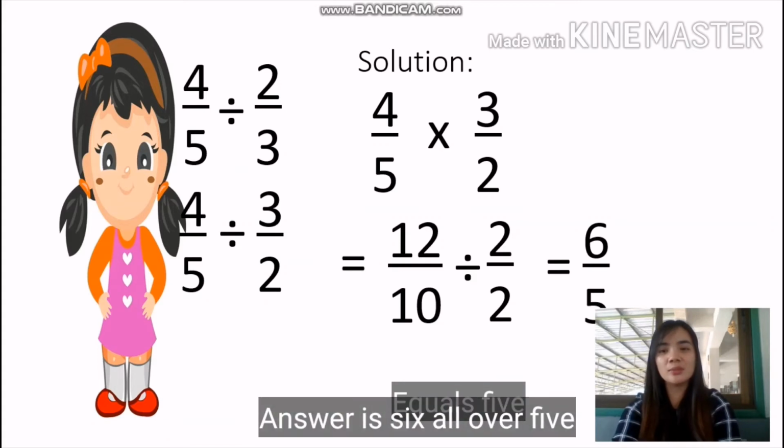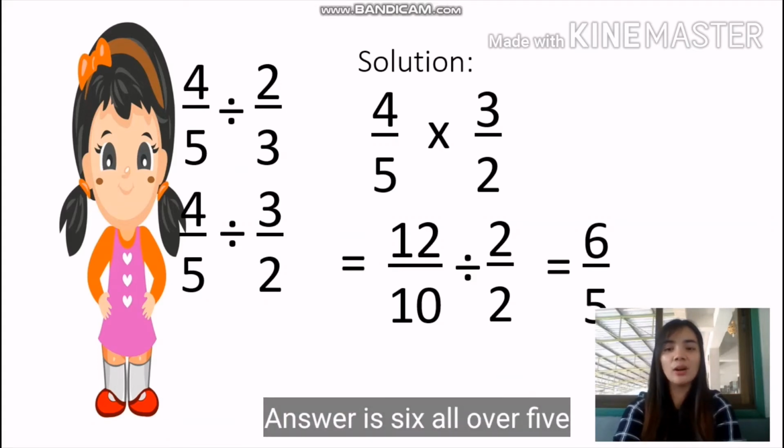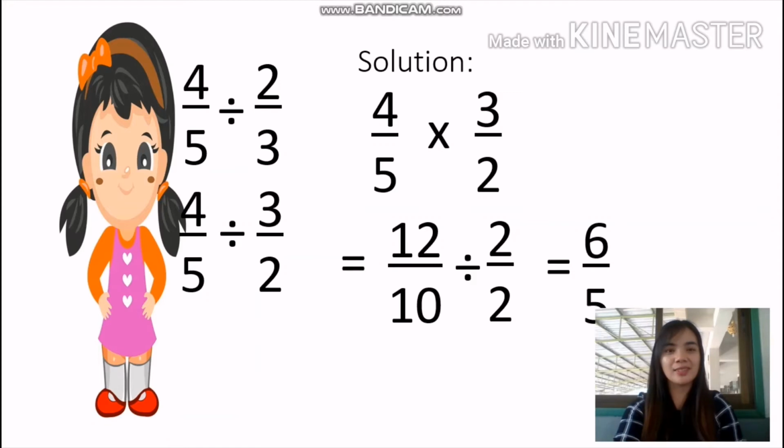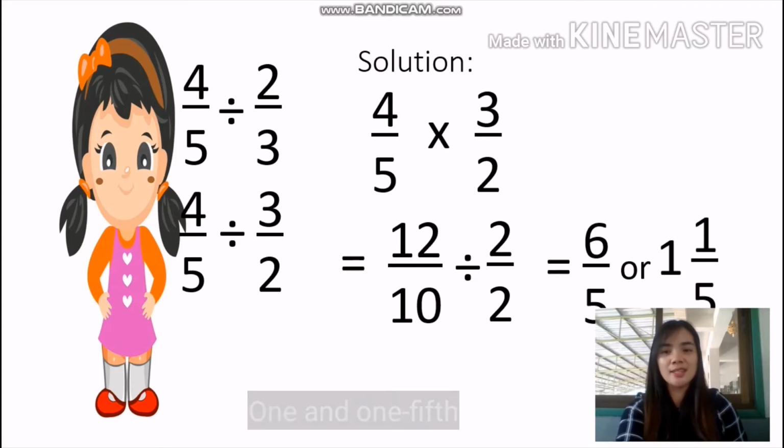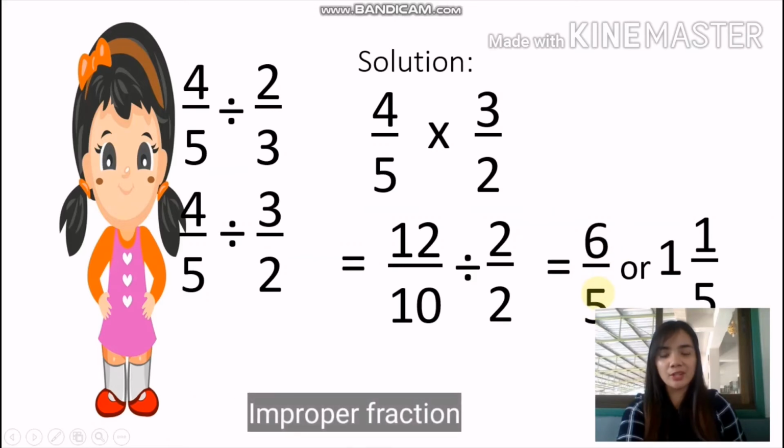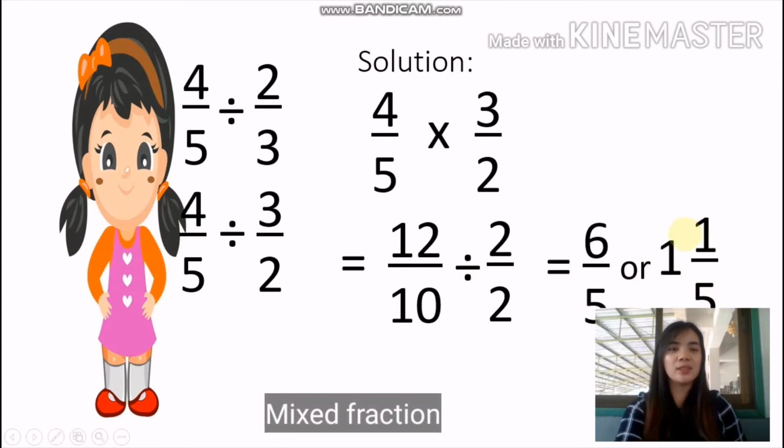So our answer would be 6 all over 5, or 1 and 1/5. 6 all over 5 is an improper fraction, or 1 and 1/5 is a mixed fraction.